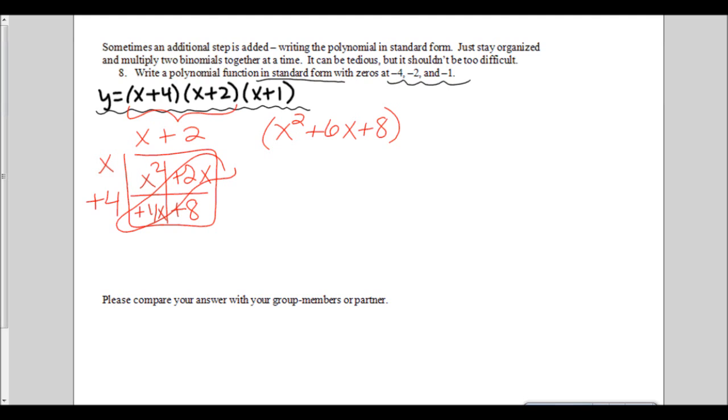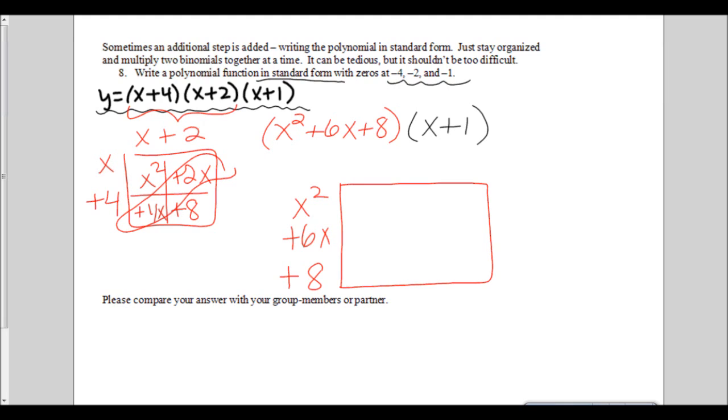Now I still had from the original problem my x plus 1. So now I'm going to need to multiply these two things together. So I have x squared plus 6x plus 8, and I'm going to multiply that by x plus 1.